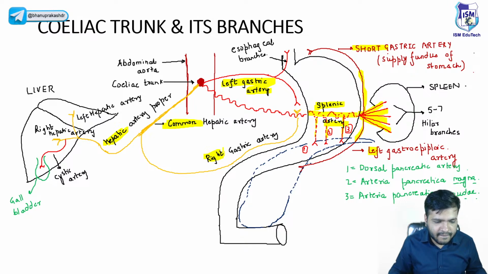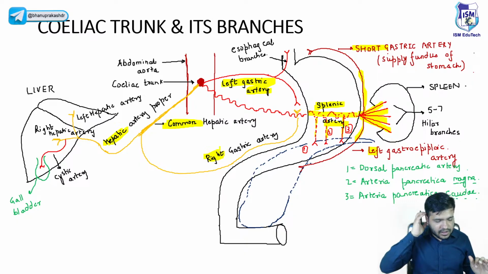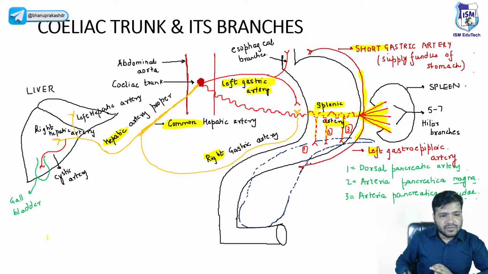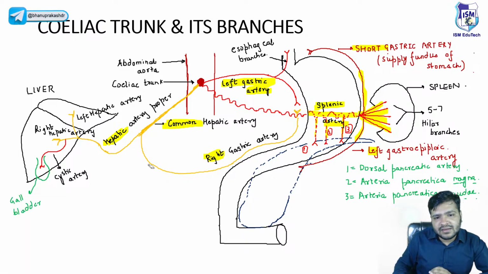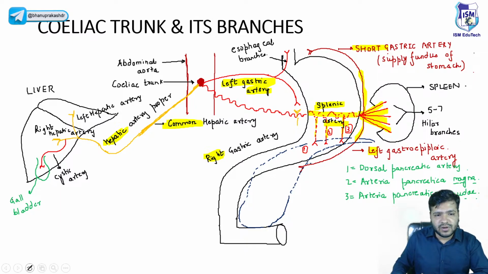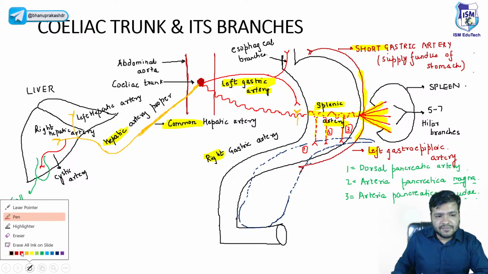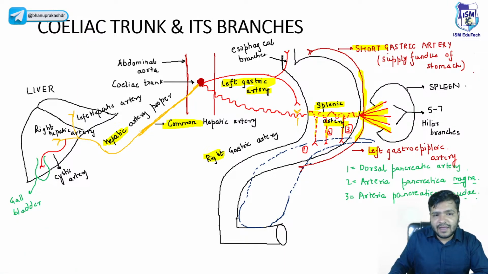Okay. Now beta, make one change here. This right gastric artery, I'll just erase it. In most cases, beta, it is coming from the hepatic artery proper only. So if you want me to bifurcate it, I will first bifurcate into two parts, beta.